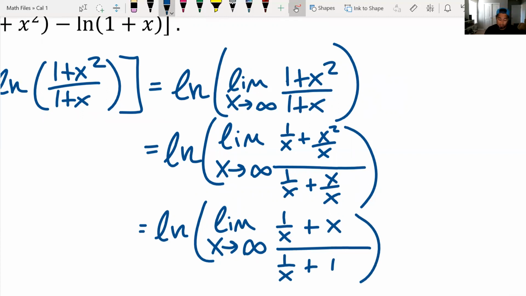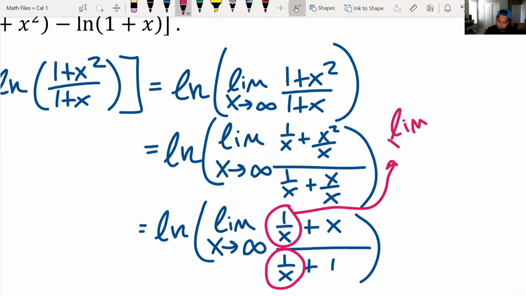Okay, and now for this limit and that limit, we use the limit property we've learned, right? We use the limit as x approaches infinity of 1 over x to the n is 0. So that means those become 0.